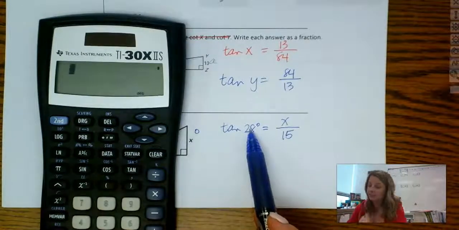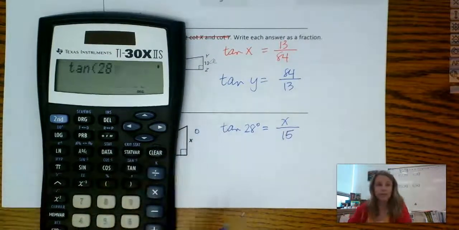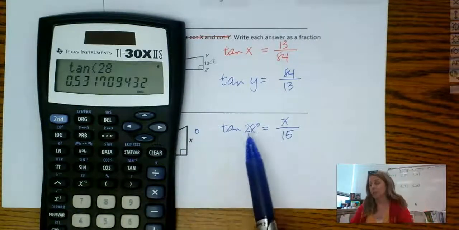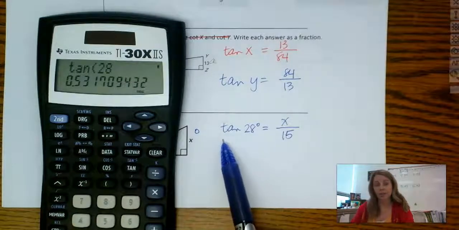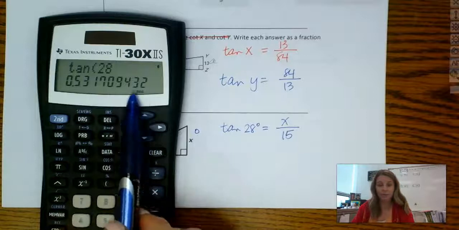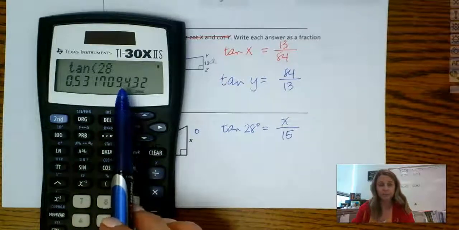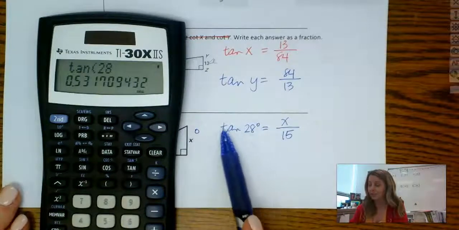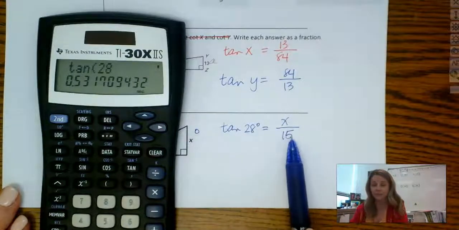So I could type this in. I could do tangent of 28, and I get this number. Now, I could plug in that decimal instead of tangent of 28, but I don't want to do that because I'm going to round it at some point, and I don't want to round until the very end. So when I look at this problem, I'm going to say this is simply a number equals x over 15.